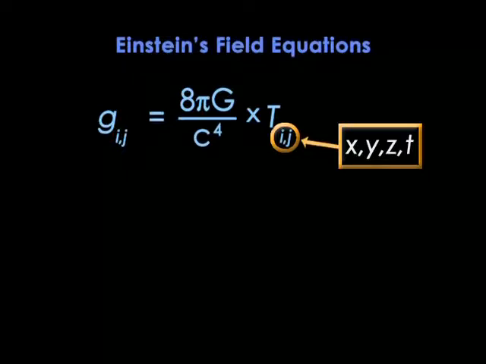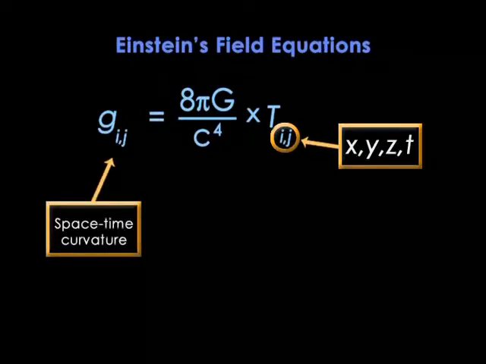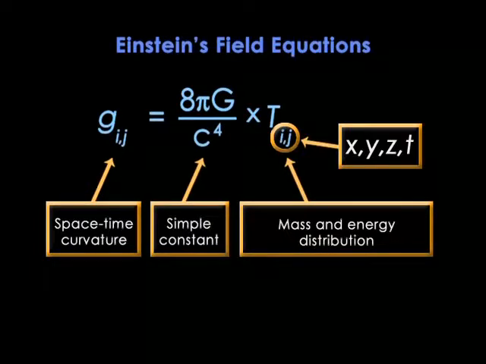So in fact, there are 16 equations here masquerading as one. Now the left-hand side, G_ij, specifies the space-time curvature, while the right-hand side, T_ij, specifies the distribution of mass and energy within the space.